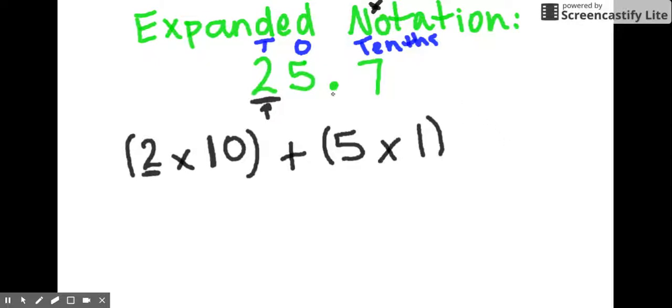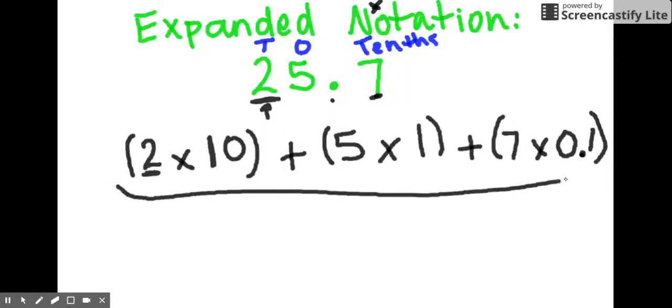Now, I'm going to wait to do something with this decimal point. I'm going to add, then I still need to only write one number, and it's 7. Don't put the decimal point here. Wait until you have a chance to say 0 for the whole numbers, decimal point 1. We've just completed our first example.